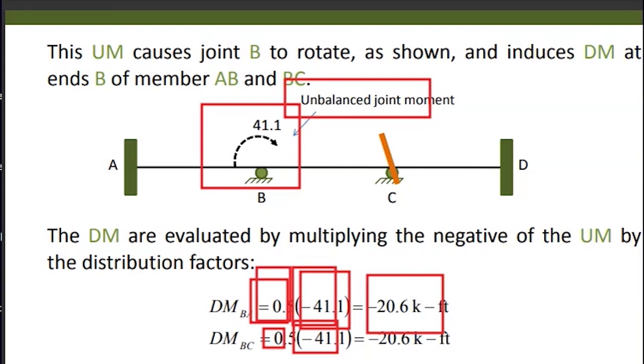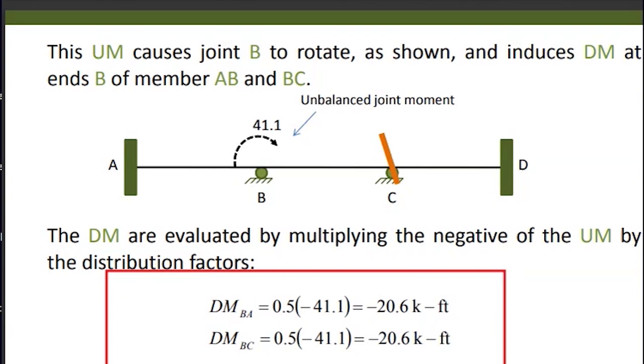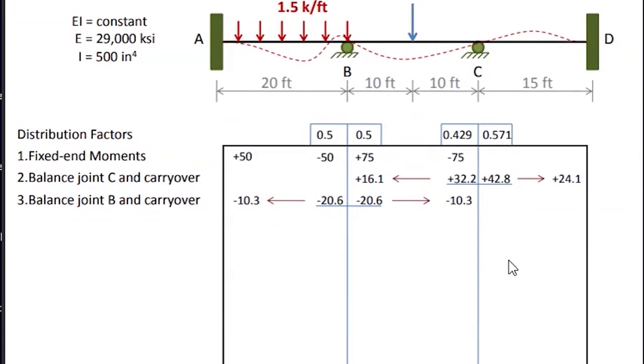So the respective values are this one, and this is the balancing moment at joint B. Now if you create this in a table, you can get another table like this one, with this value after multiplying the unbalanced moment by the respective distribution factor.